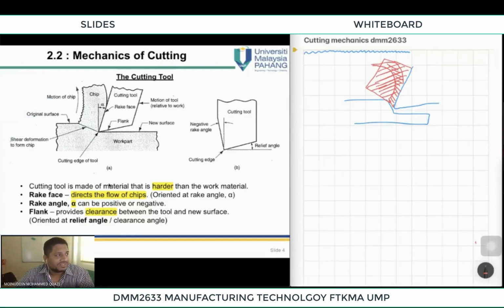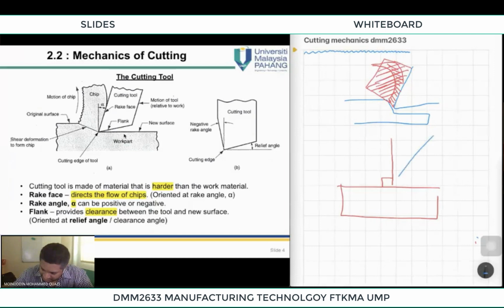Now this rake face has an angle, measured from the perpendicular to the workpiece. Okay, so this is my workpiece, and this is the 90-degree line to the workpiece. Now if my tool is like this, then the angle from the 90 degrees to the rake face is called alpha. And this is called the rake angle. That is very, very important in cutting operations.